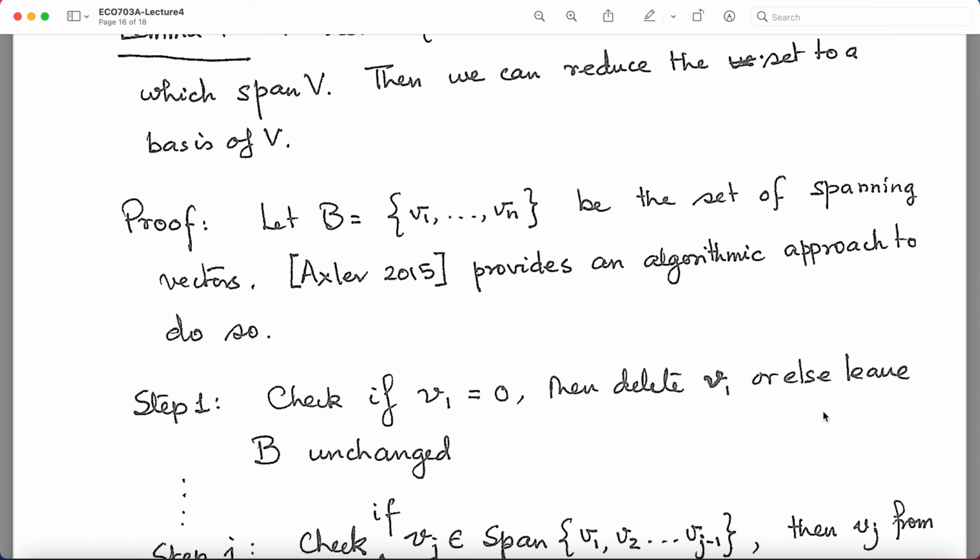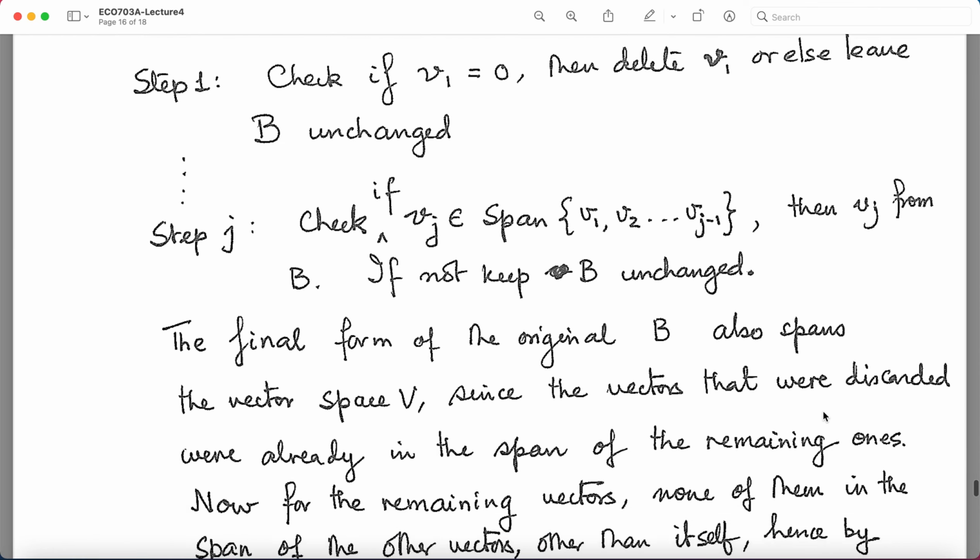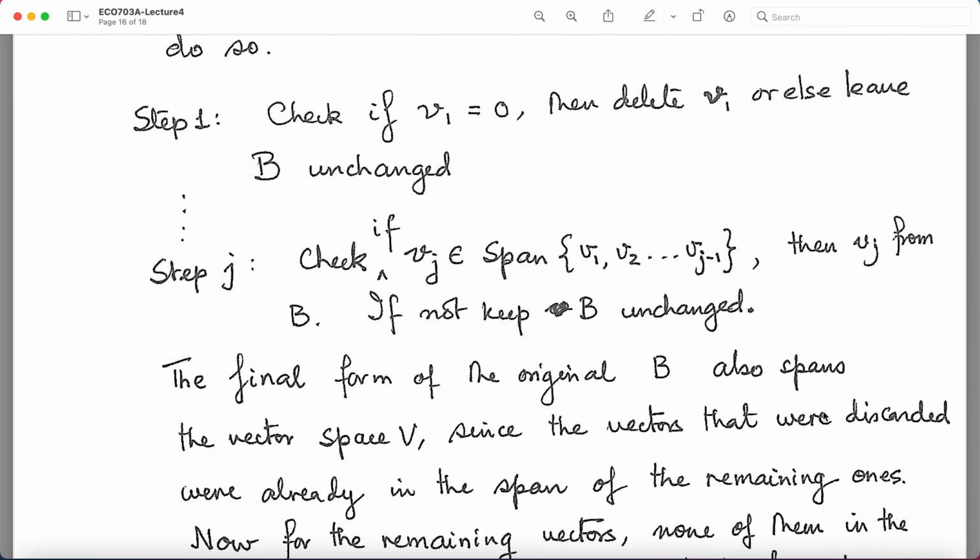Take V2: is it in the span of V1, some lambda times V1? If it is, throw it out, if not keep it, and then check V3 and go on like that. The span of the final remaining vectors would be the span of the original vectors, because what we have thrown out are spanned by these vectors.